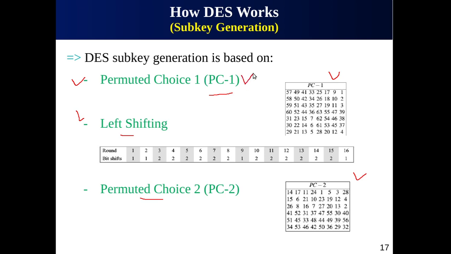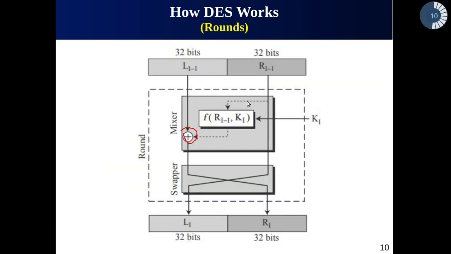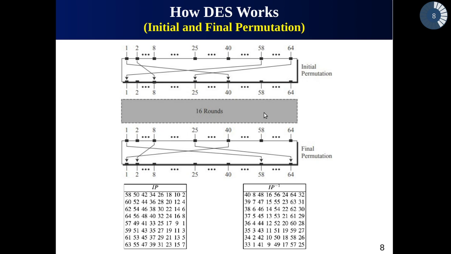Permuted choice 1, or PC1, takes the 64-bit symmetric key from the user. The 64 bits are first reduced to 56 bits by ignoring every 8th bit. As I just mentioned, those bits are used for parity purposes, so we consider only the 56 bits.